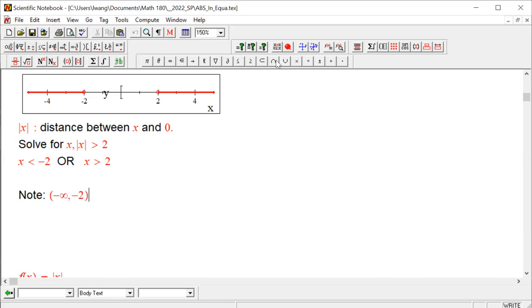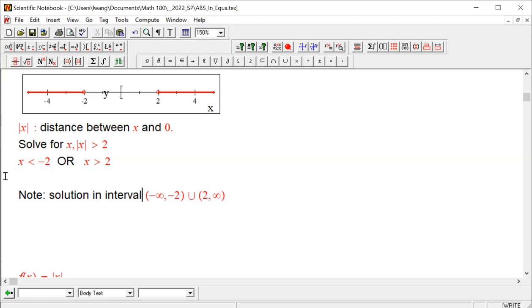The interval representation will typically be like this. That's the interval solution, the solution expressed in interval notation.